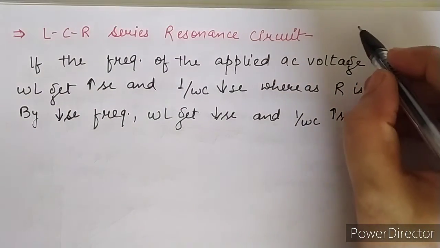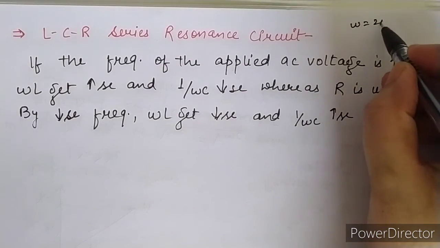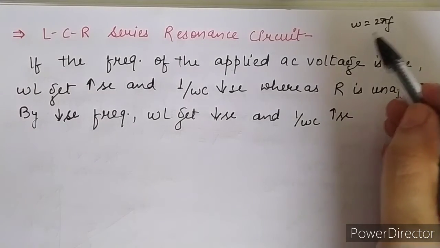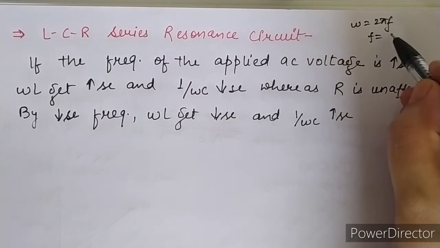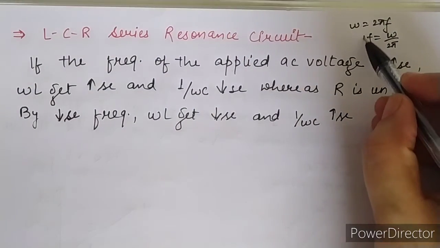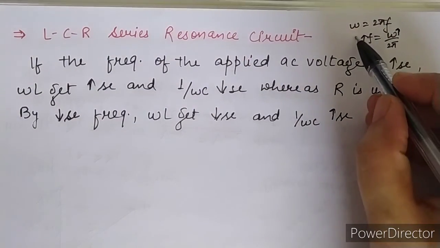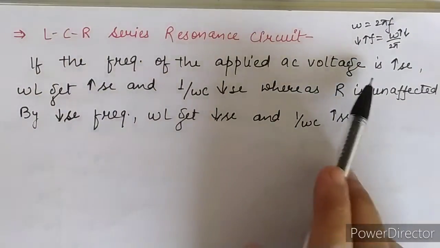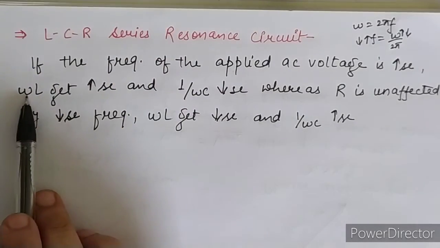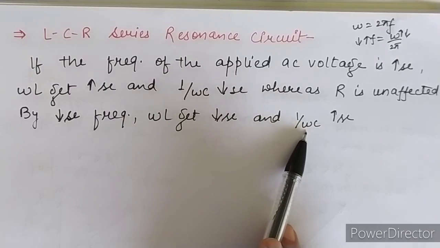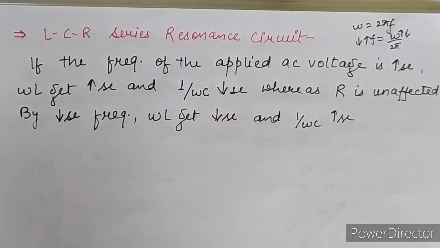Because you know the formula, omega equals 2 pi f. So frequency equals omega upon 2 pi. Frequency increases, omega increases. Frequency decreases, omega decreases. Omega L and frequency are directly proportional, but 1 upon omega C is inverse, so it gives the opposite reaction to the frequency.